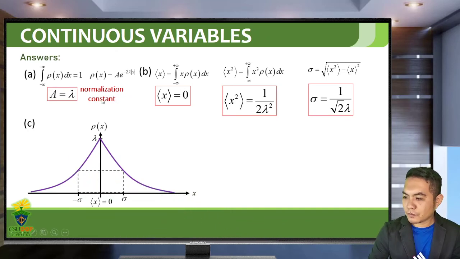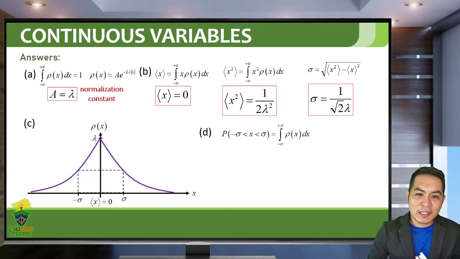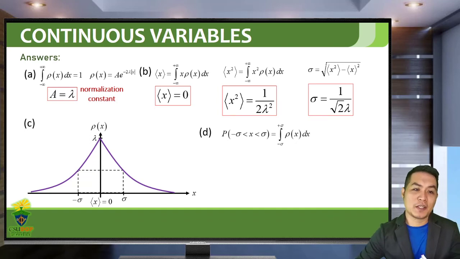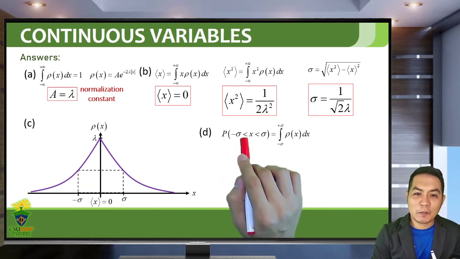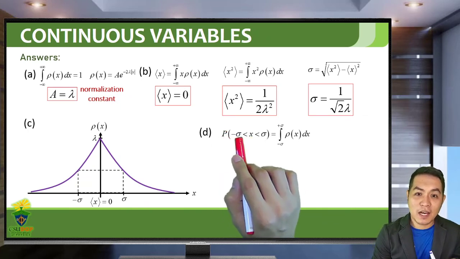For the last problem, you are asked to find the probability that your value of x lies within one standard deviation. What the problem actually means is to find the probability that x is between negative sigma and positive sigma.